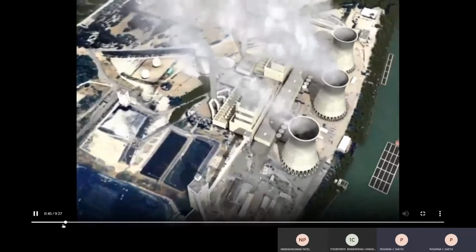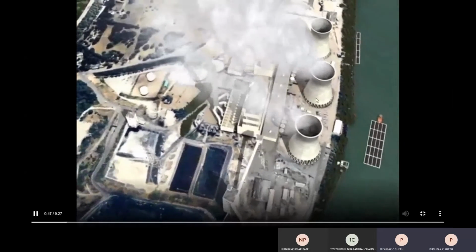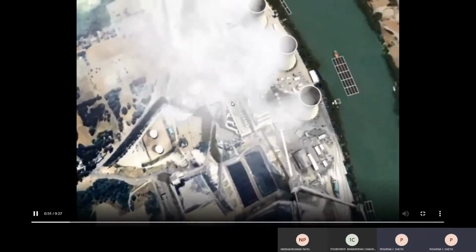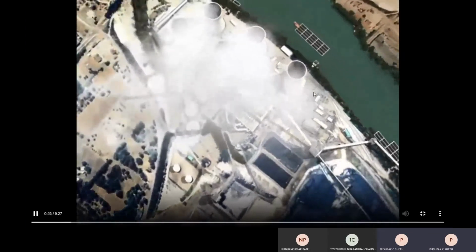You can see this is the overall layout of the thermal power plant. These are the three cooling towers, natural draft cooling towers. You can identify it with its height.